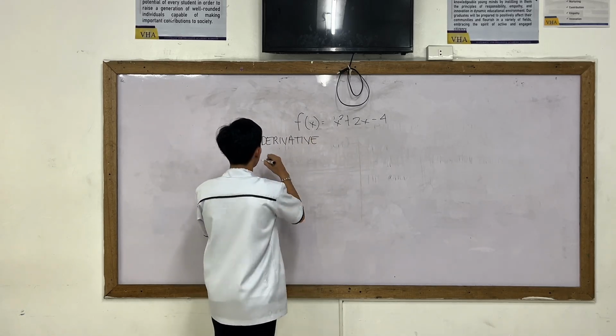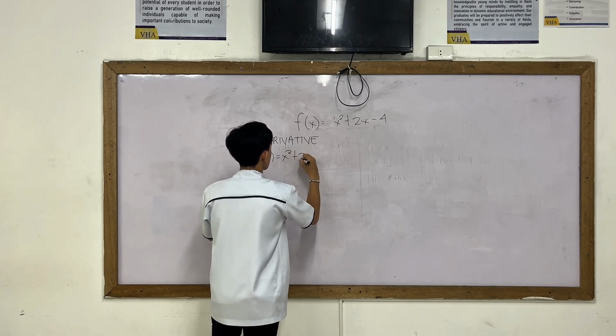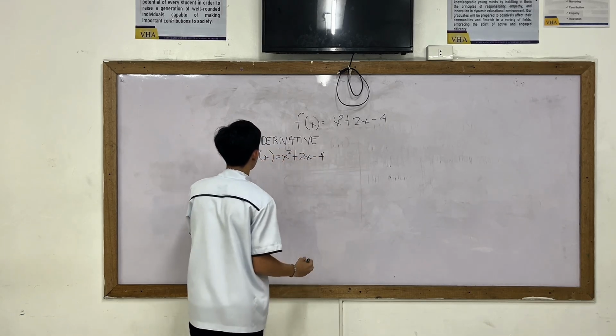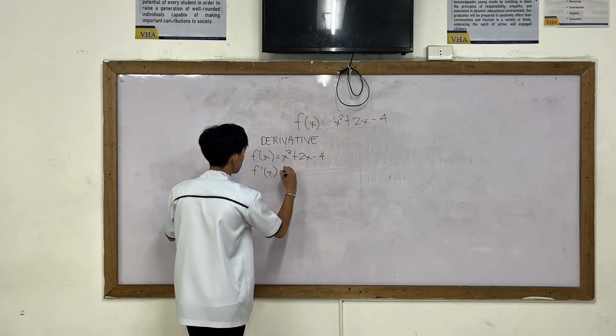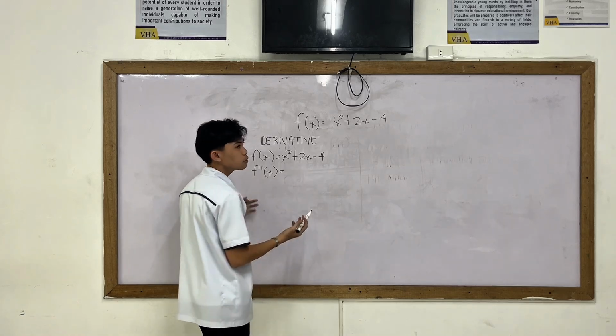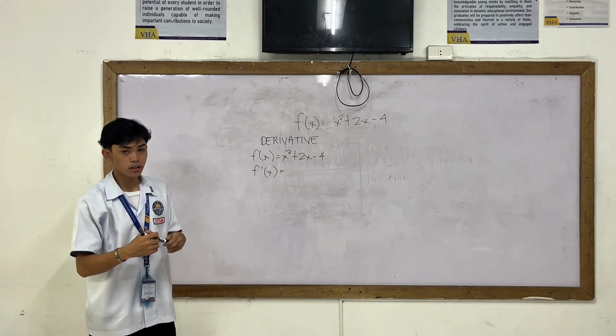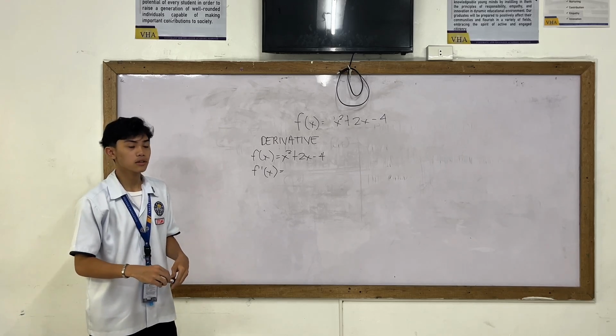We use f prime of x as the symbol for the derivative. As we know from our previous lessons, we multiply the exponent by the constant.